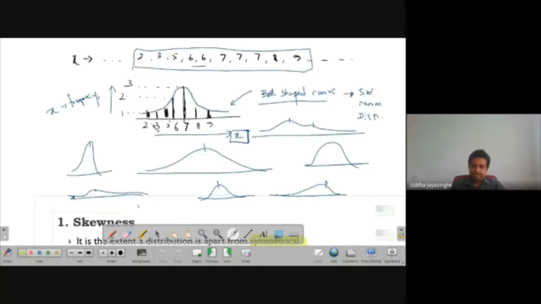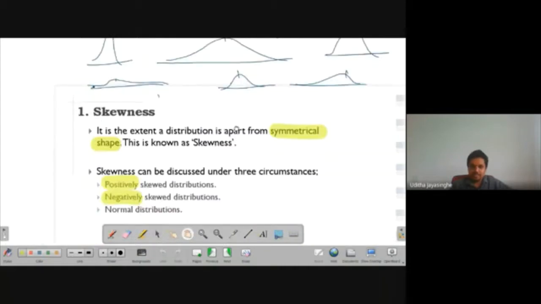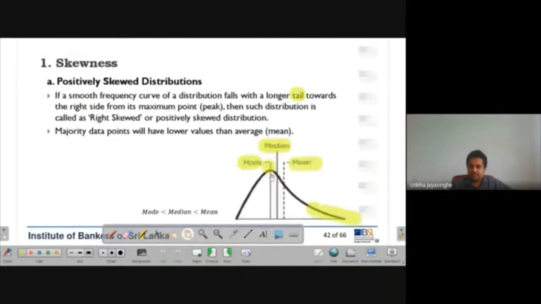X is here, y is here. Now look at this distribution. Number 7 is the place where you can see the maximum number of concentrations, or frequencies, noted. In such instances, we call this the what? Mode. We call this the mode. So that's why, students, in this distribution also, the maximum height point you can easily denote as the mode.